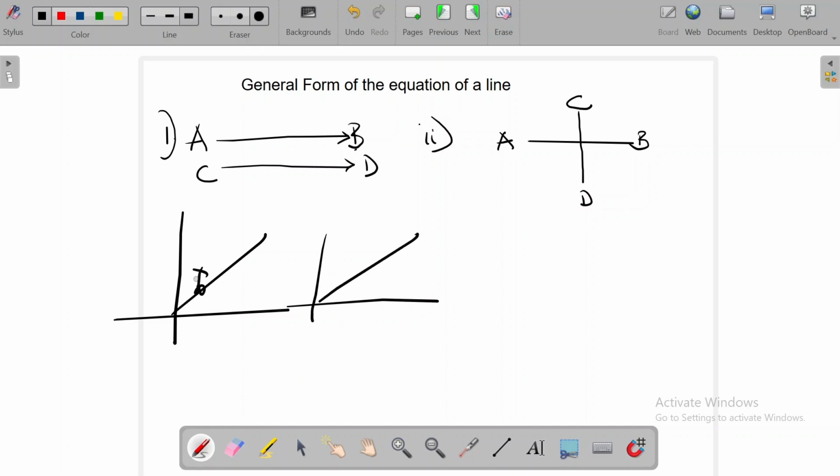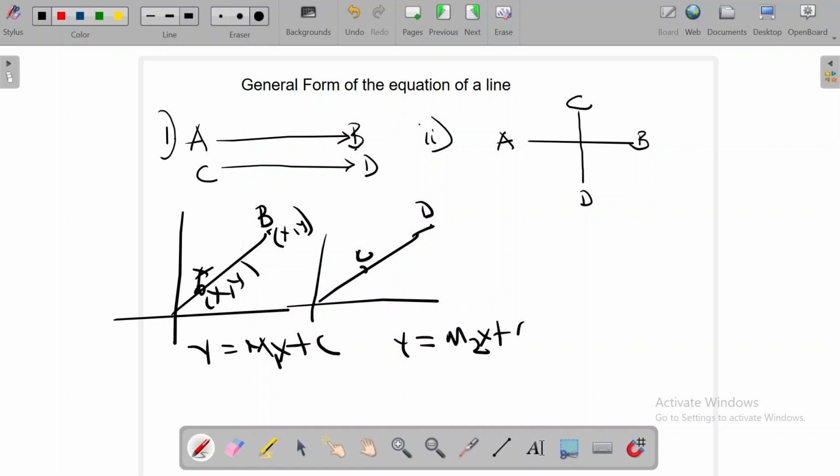This can be point A, this is point B, having their coordinates (x, y), and this can be C and this is D. If the equation of the first line, y is equal to m1 x plus c, is parallel to the second line, y is equal to m2 x plus c, then the key thing to take note of is the slope.